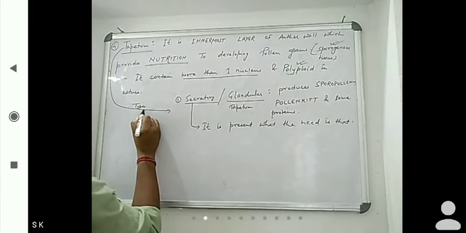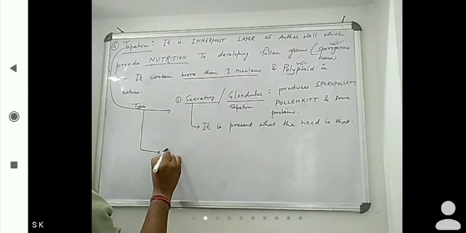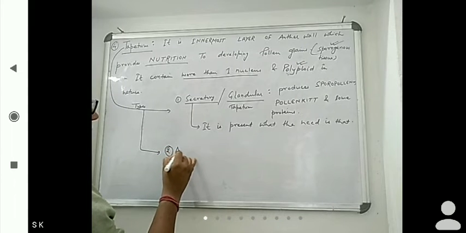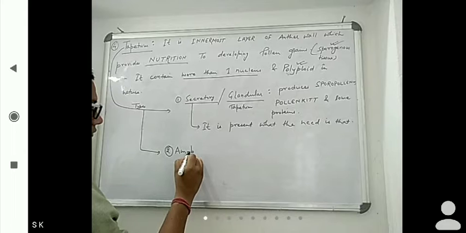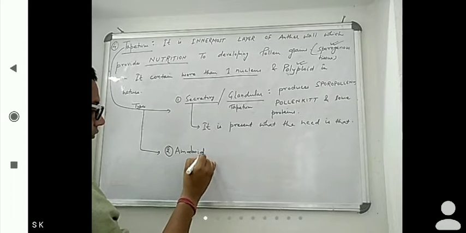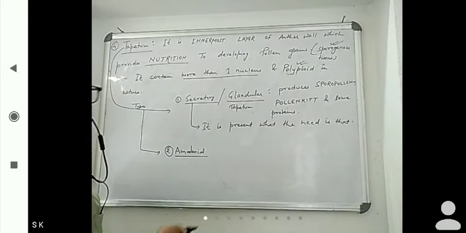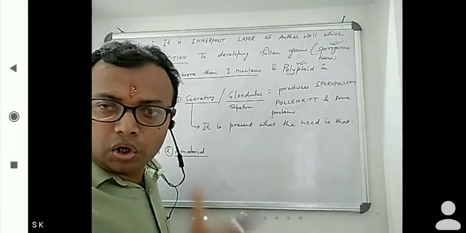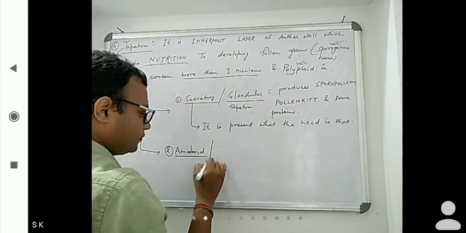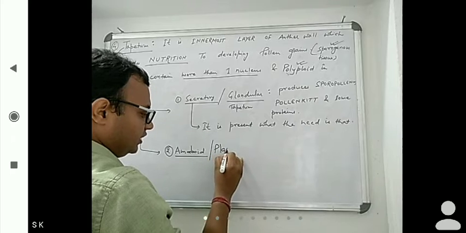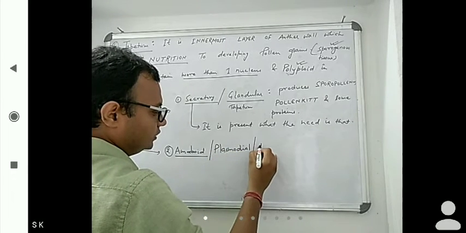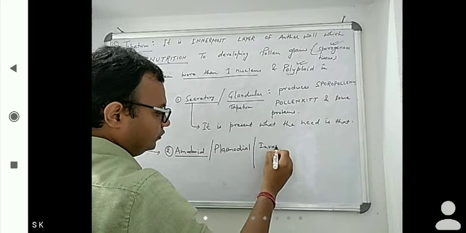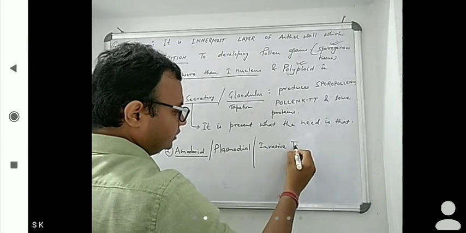Okay, now the next one, what I told, amoeboid. Next is amoeboid type, or plasmodial or invasive tapetum.